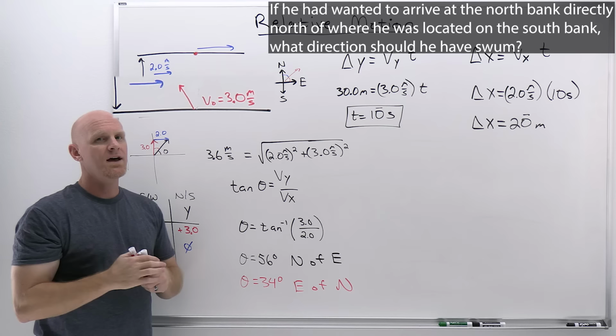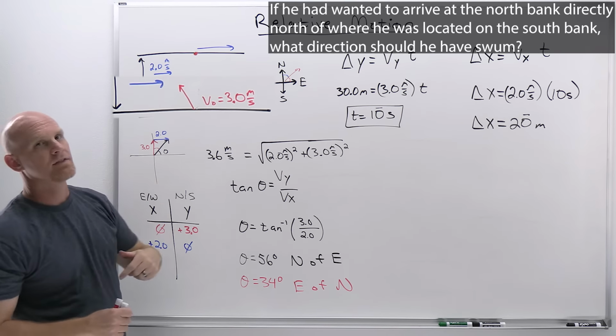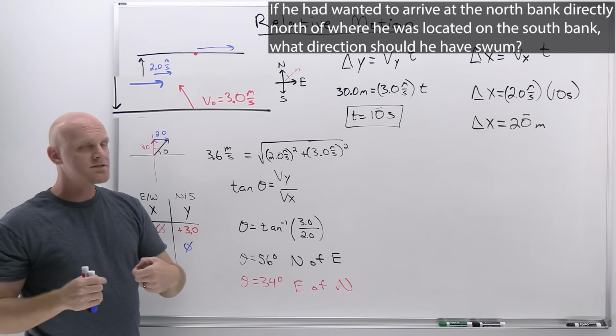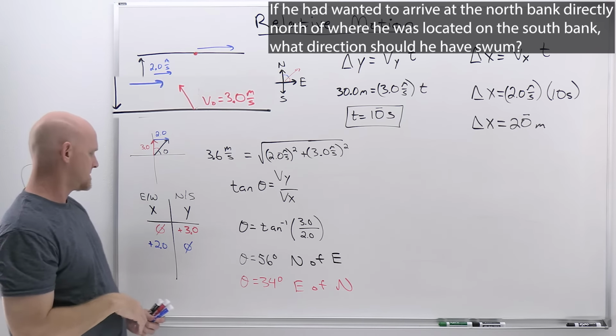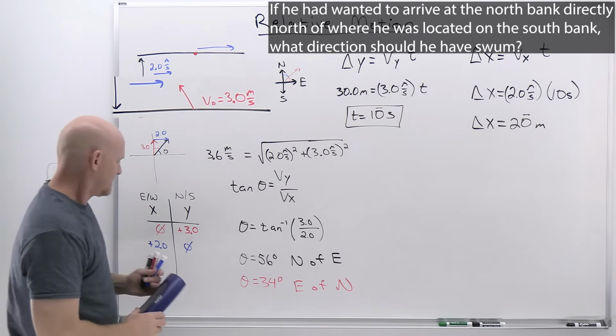Well, if he wants to end up perfectly north of where he starts, that means his overall x component of his velocity relative to the Earth must be 0. So let's go back here for a sec. Now his velocity is not only perfectly in the y, there are going to be x and y components.